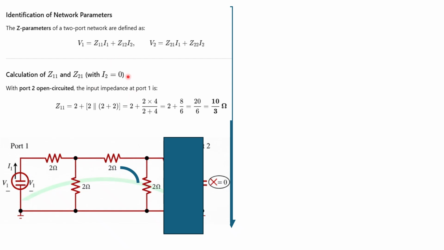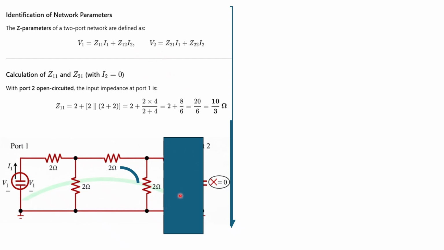Since we have already set I2 equal to 0, from the second equation, with I2 equal to 0, V2 divided by I1 equals Z21. So just write this equation: Z21 equals V2 by I1.